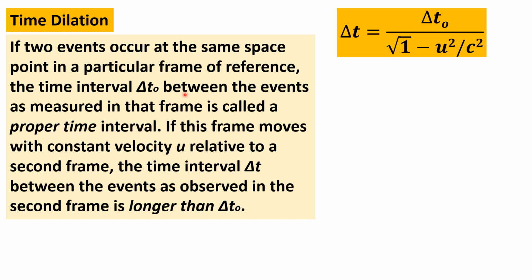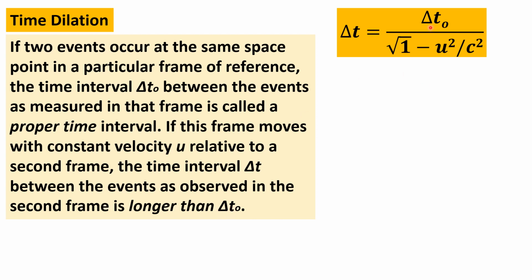That is denoted by delta t naught. If this frame moves with constant velocity u relative to a second frame, the time interval delta t between the events as observed in the second frame is longer than delta t naught.